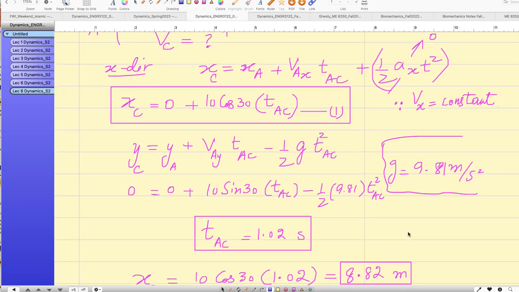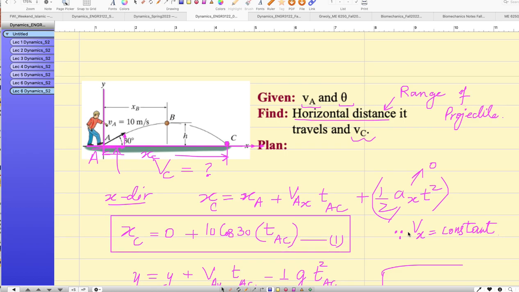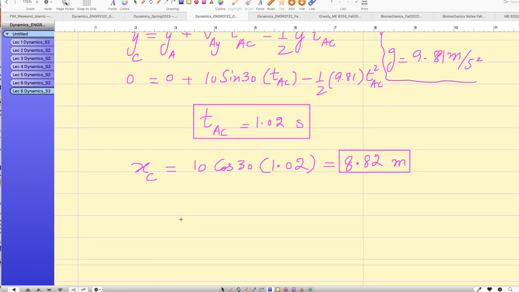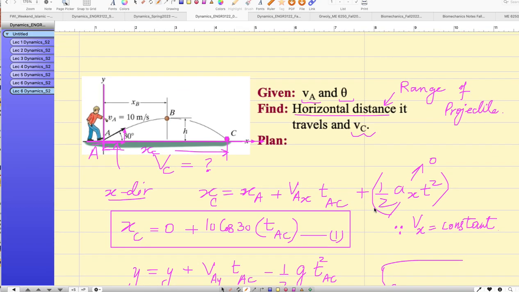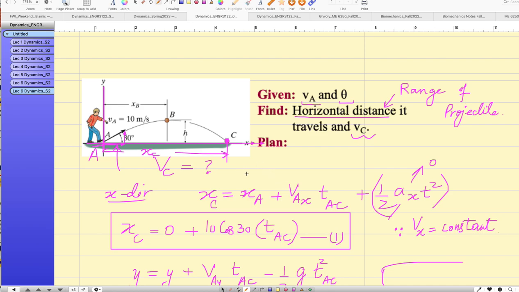Very busy. Okay, now what is VC? We know that VC is found by always taking the two components magnitude formula, which you learned in the curvilinear coordinates, correct? And we already know that the x component is always constant. Look, I wrote down this fact. And what is VAX?